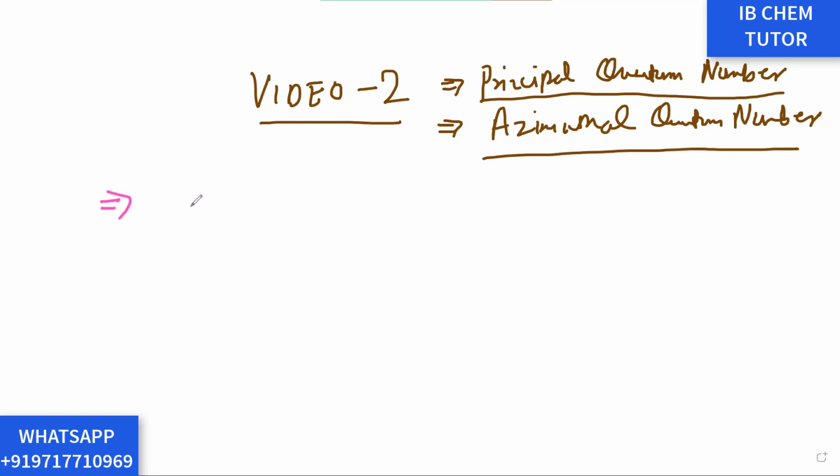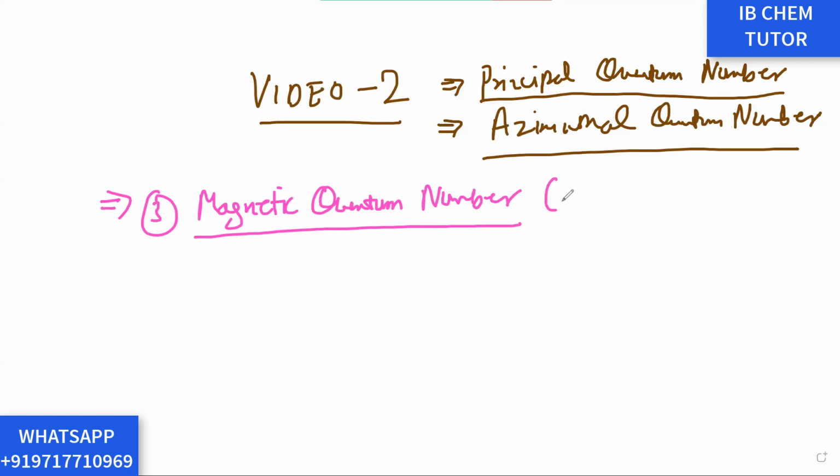The two quantum numbers that we are left with, the third one, is the magnetic quantum number. This magnetic quantum number is represented with ML.